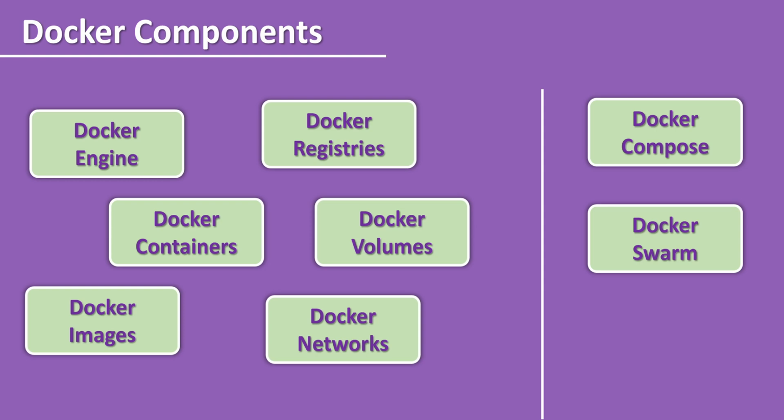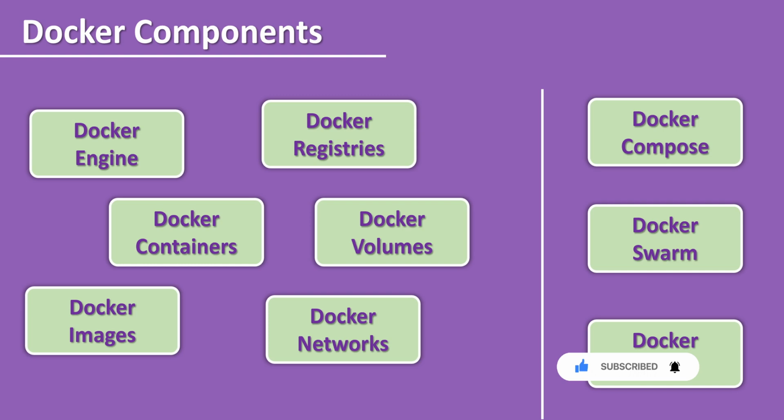This comes by default with Docker, but recently most organizations use Kubernetes to manage their containers. And we have Docker Hub. As we discussed, Docker Hub is nothing but the public Docker registry that stores all the public Docker images.